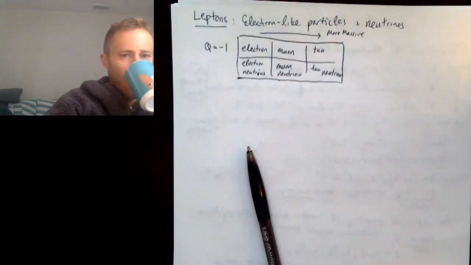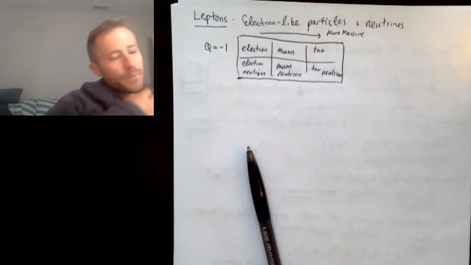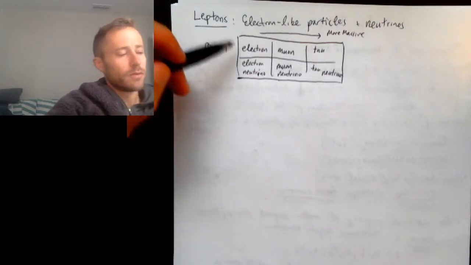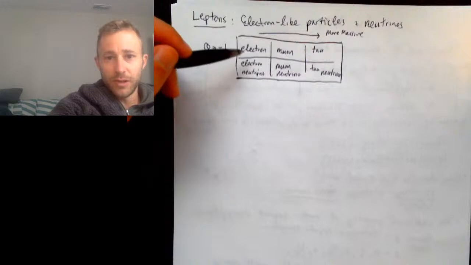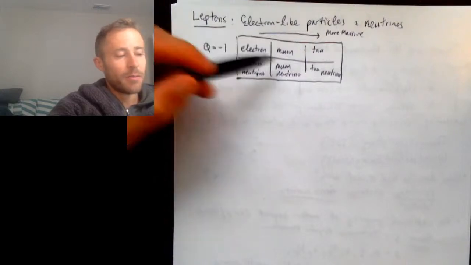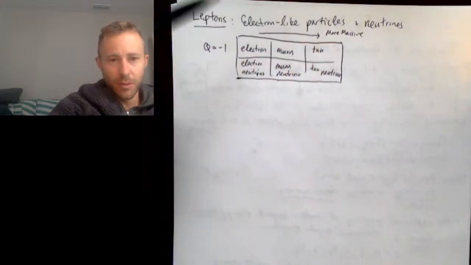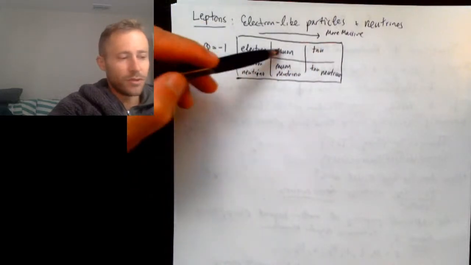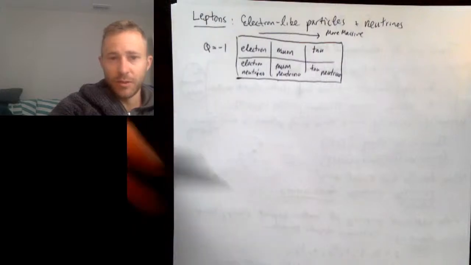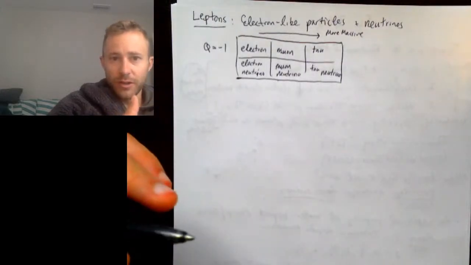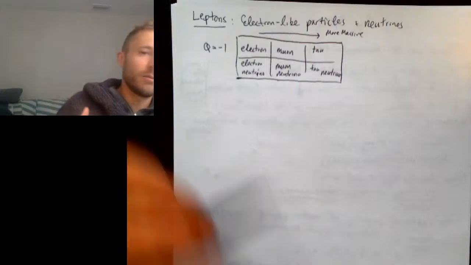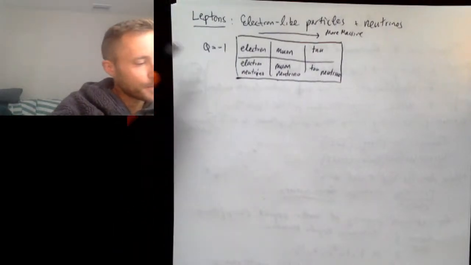So all these particles are basically identical to the electron, but the muon is more massive than the electron. The tau is more massive than the muon. So muons and taus are unstable because they will give up their energy and reduce their mass and become electrons. Okay.